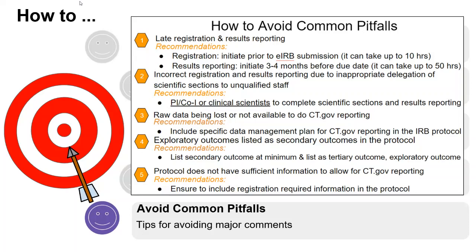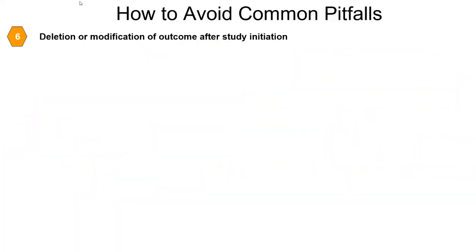So let's get started. The sixth observation is deletion or modification of outcome after study initiation. We notice that some investigators are deleting or modifying outcome measures after the study initiation. You need to be careful with this because journal editors consider it outcome switching, known as reporting bias.